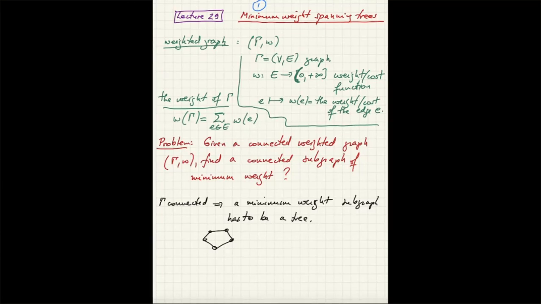If you have various weights on these edges, let's say W1, W2, W3, W4, W5, then you can take the largest of these weights, let's say it's W3, and you can delete it, and you would obtain a subgraph that is still connected because you deleted an edge from the cycle, so you can still get around anywhere in the graph, but the weight of the new subgraph is smaller than the weight of the previous subgraph. Okay, so I guess this is first observation.